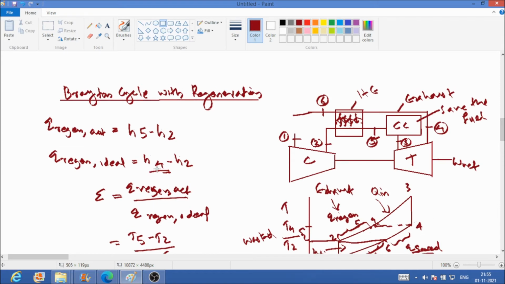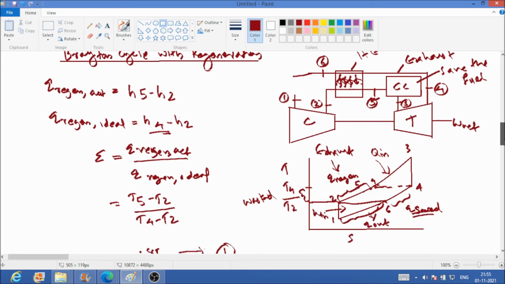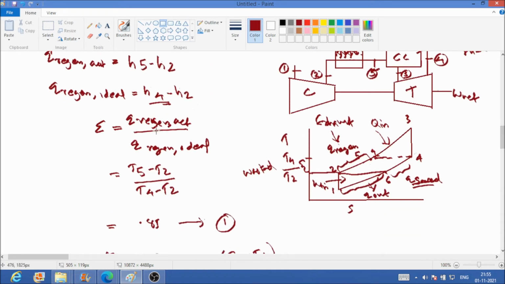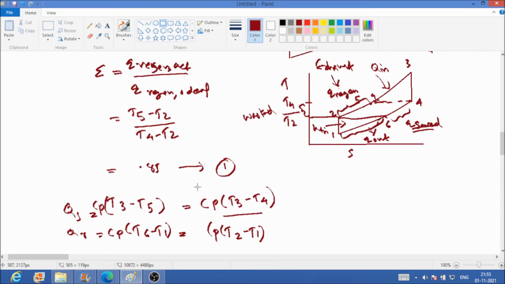Q ideal, which is the limiting case, is H4 minus H2, and the ratio, Q regenerated actual divided by Q regenerated ideal, is equal to T5 minus T2 by T4 minus T2, using the cold air standard assumptions. So Cp value I have taken out, which is a constant. The effectiveness of heat exchanger I have already discussed.